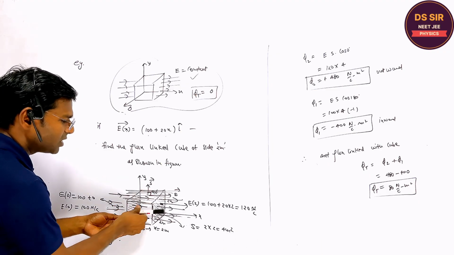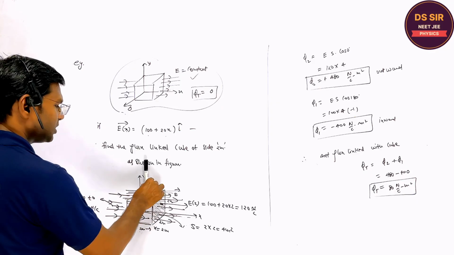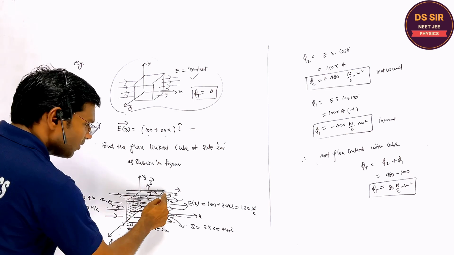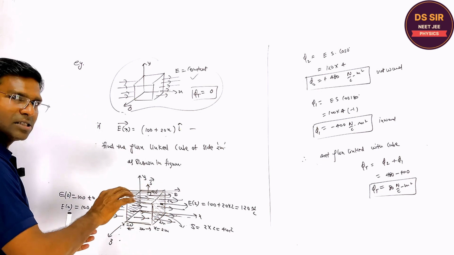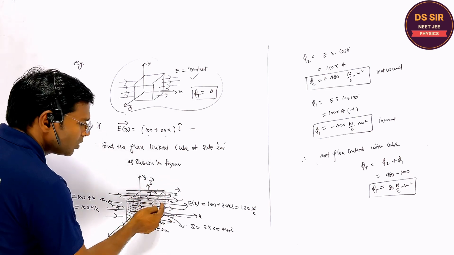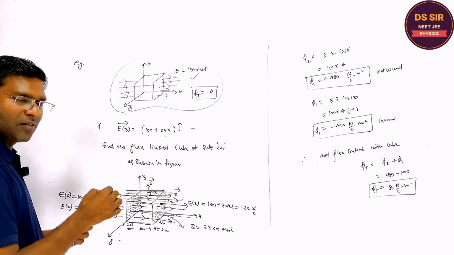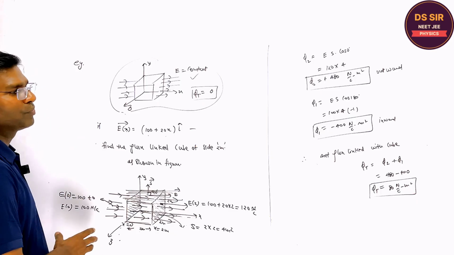This is the surface area, this is the electric field. This is the surface area, this is the electric field. So only the surfaces that the electric field lines cross perpendicularly have flux linked. For all other surfaces, the flux linked with them is 0, right?